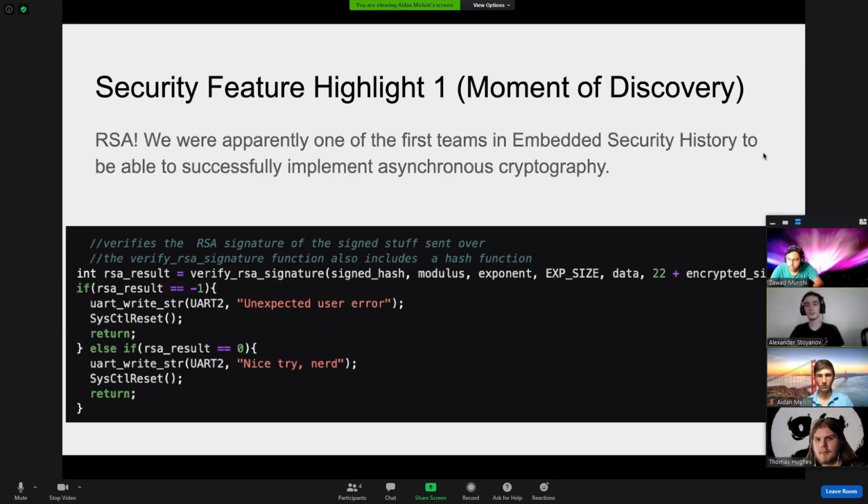Our implementation uses RSA, which is asymmetric encryption, and it turns out that we were actually the first team in the entire history of this program to successfully implement asymmetric cryptography.